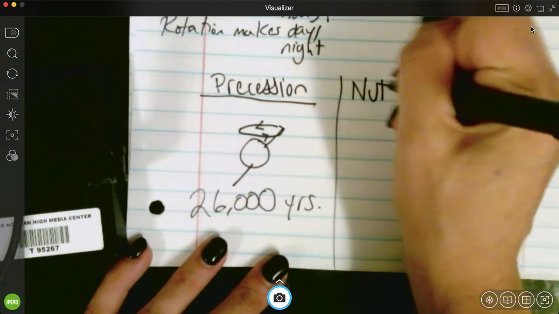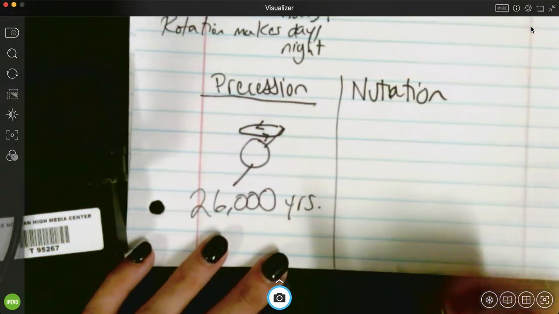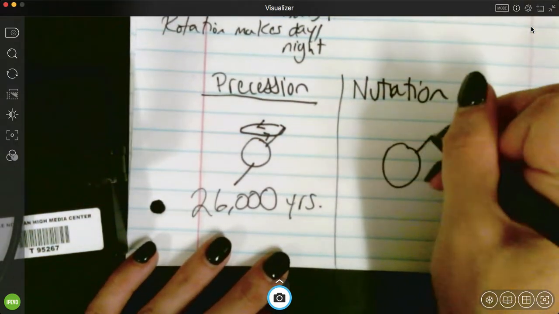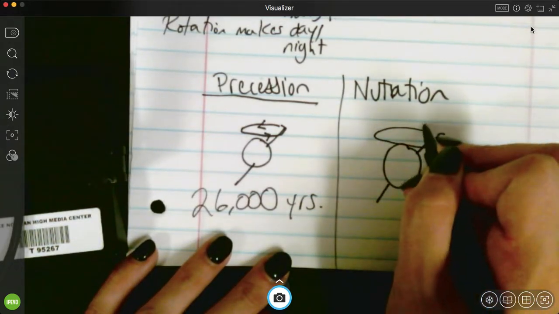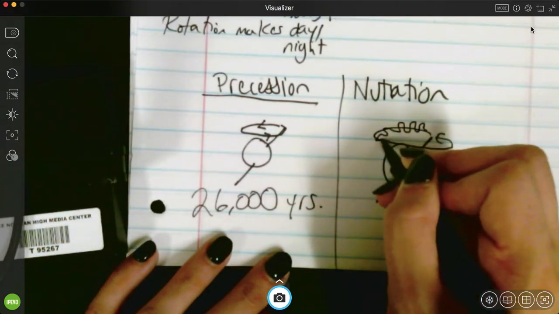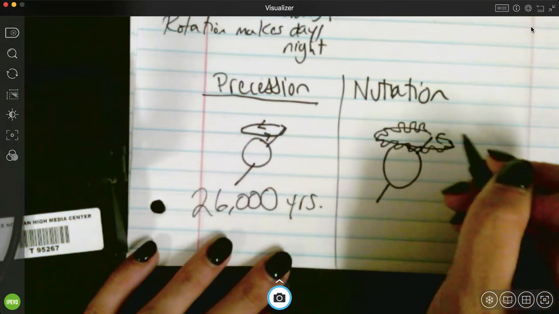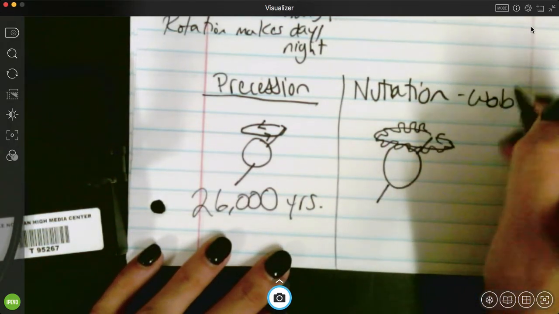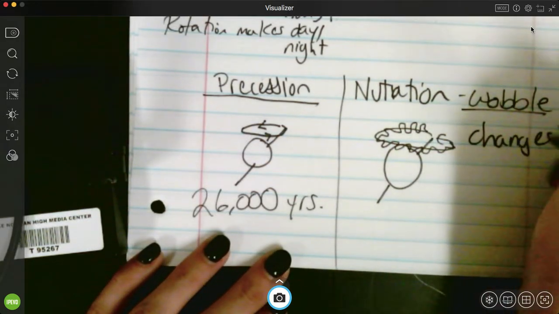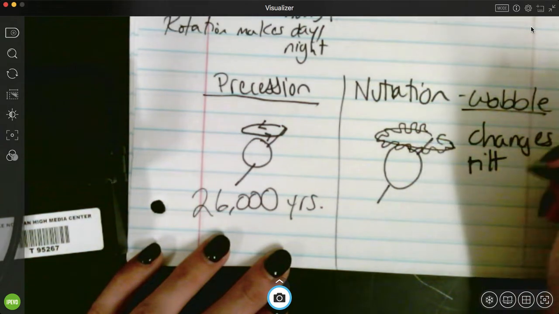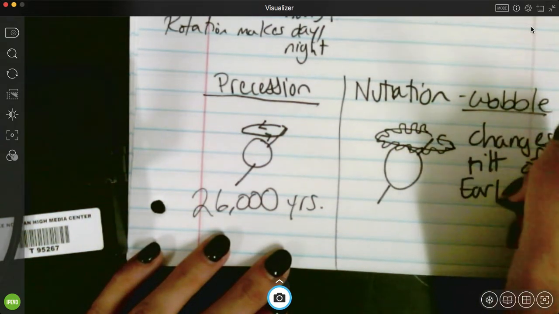The other motion is nutation. So nutation happens while you're doing precession, but it's this wobbly motion. Nutation is the wobble. The wobble changes the tilt of Earth ever so slightly.